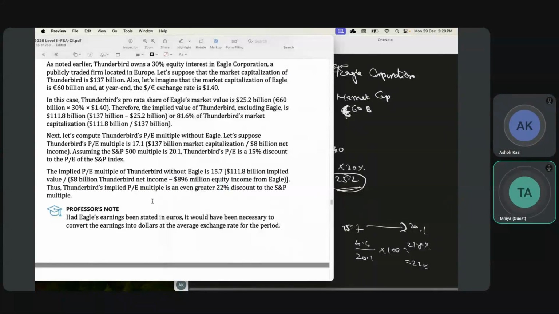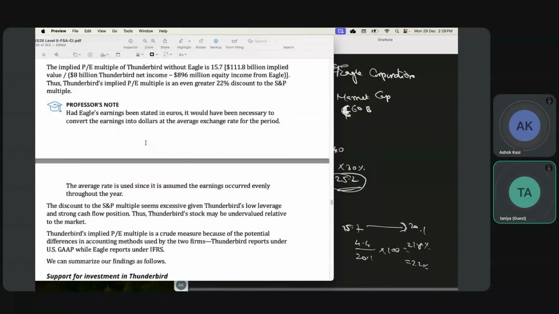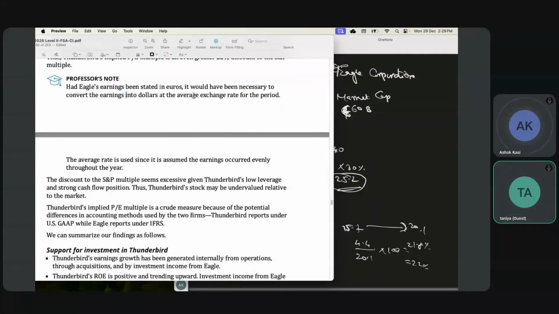Understood this one? This is the takeaway point.